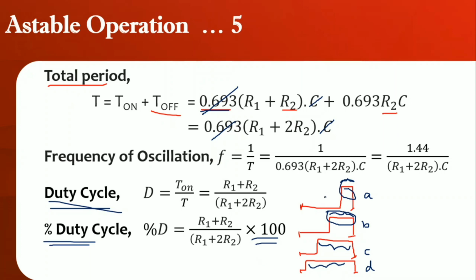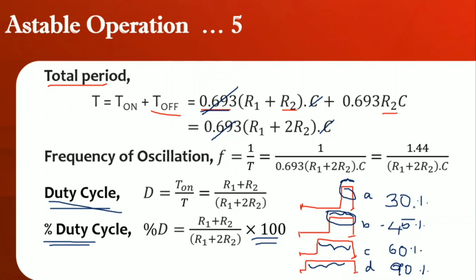If you look at these vaguely, I can tell this has about 30% on time. It is not exactly the same. And this is approximately 45% on time. And this is more than 50%, let me take it as 60% on time. And this has 90% on time. I can call this percentage the duty cycle.